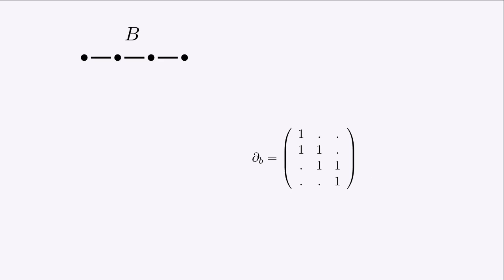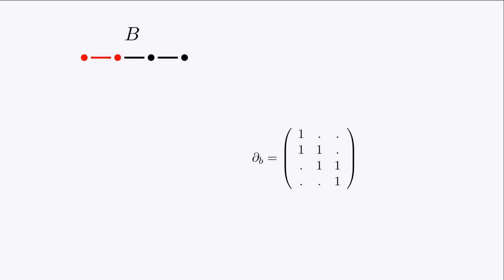For the code B, it's a little bit weirder. This time there are 3 check operators, and it's weird because there's 3 bits and there's 4 check operators.